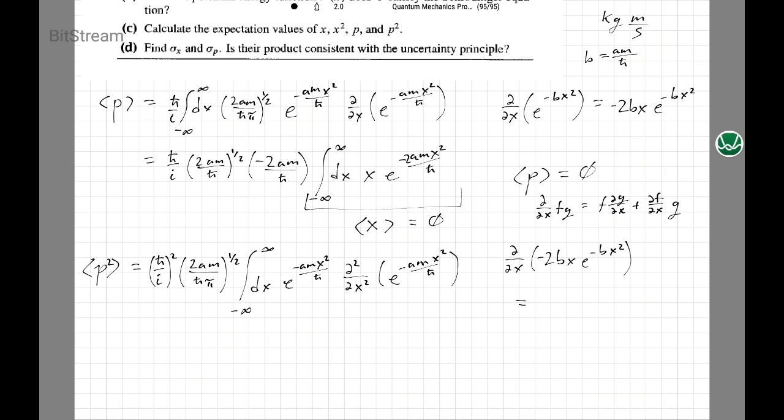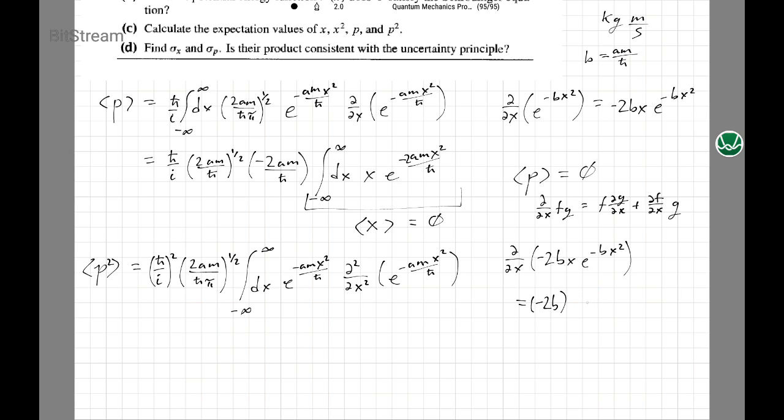I am going to be double checking my answer to make sure I don't mess up. So what I get here is I have f, we will say, well, first let's just pull out this negative 2b.